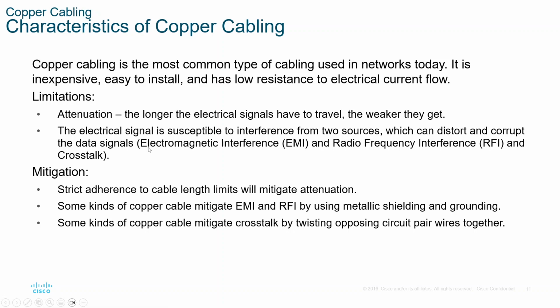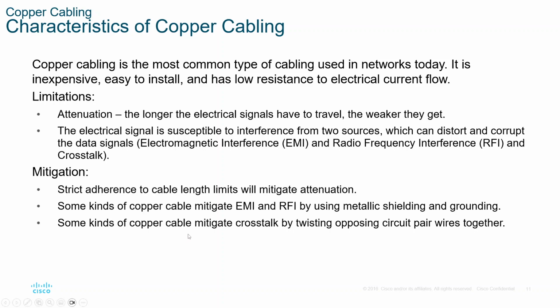They are prone to EMI, which is electromagnetic interference that is created by other electronic devices. So if you're using a copper cable with a lot of machinery around, that can interfere with the speed of the network.